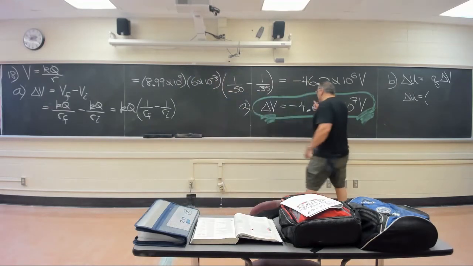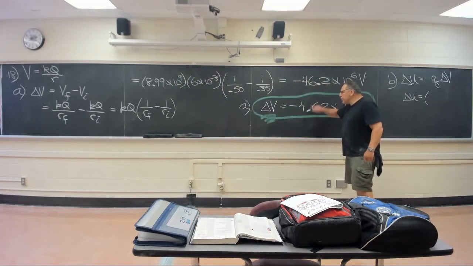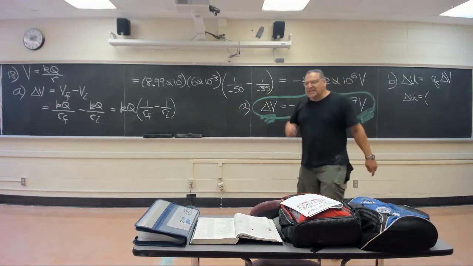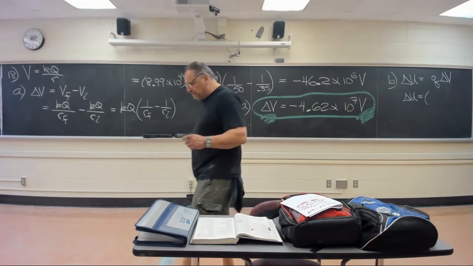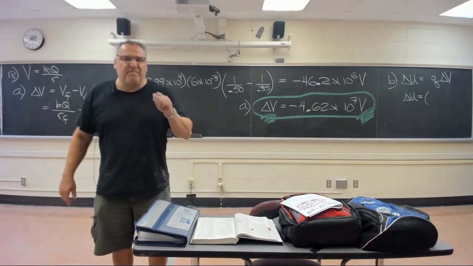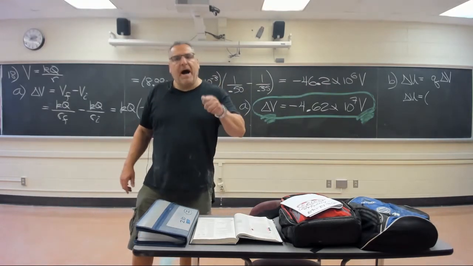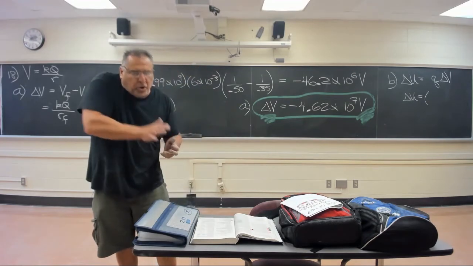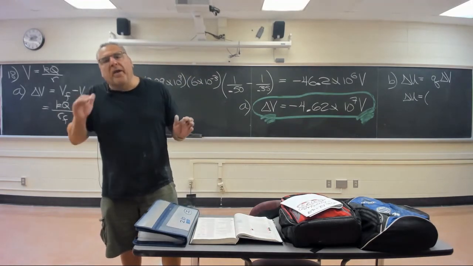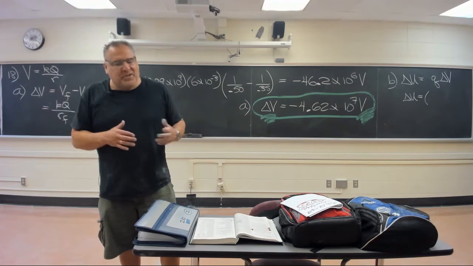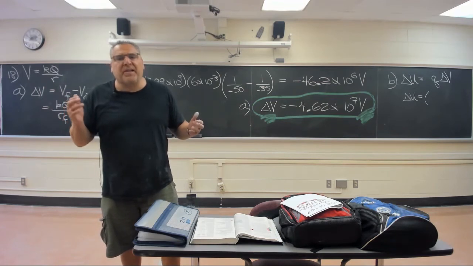In reference to a positive test charge, you would lose potential. If it was a positive test charge being moved from 0.35 meters to 0.50 meters, you are letting the spring uncoil itself. You don't have to do any work on that. The spring's not going to have as much potential energy if you let it uncoil.